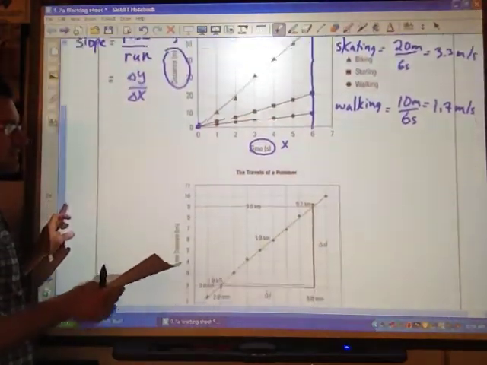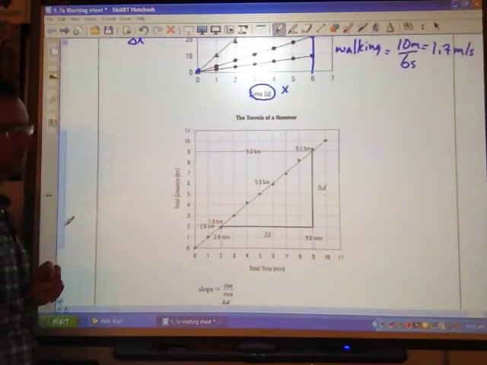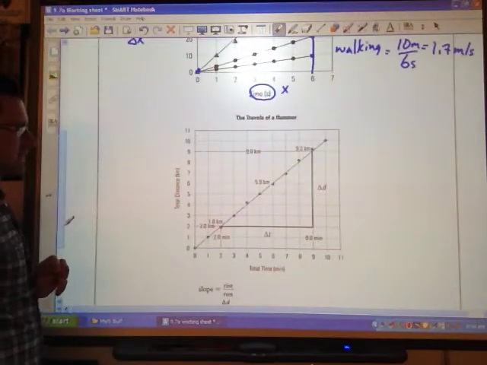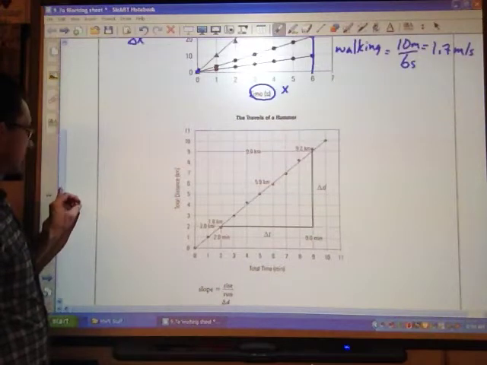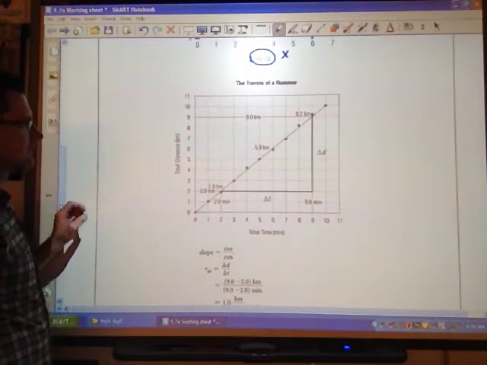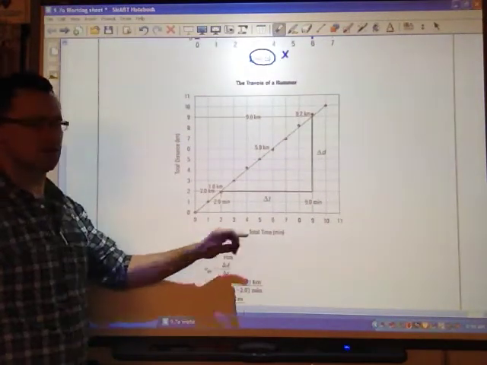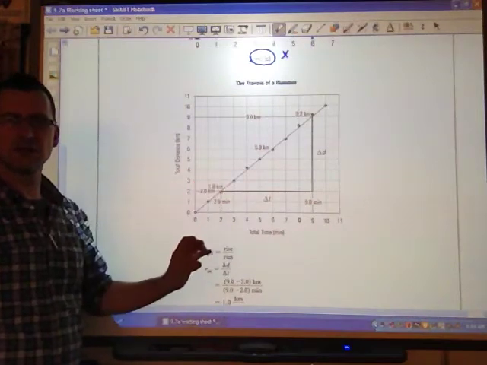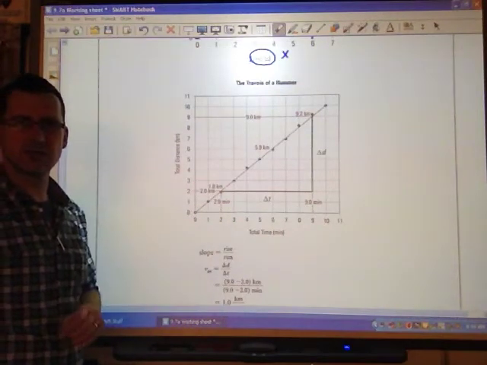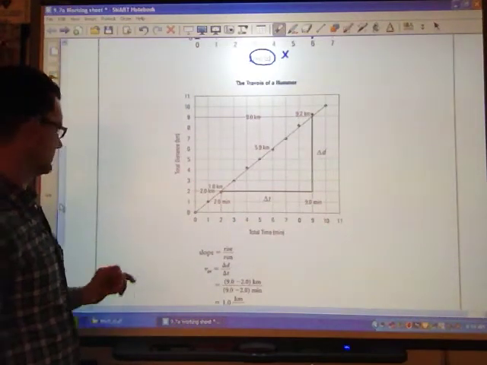So moving down here, you can see this calculation. This deals with the travels of a Hummer. So we're looking at a vehicle going so many kilometers in so many minutes. So kilometers over minutes, kilometers per minute, will be the speed unit there.